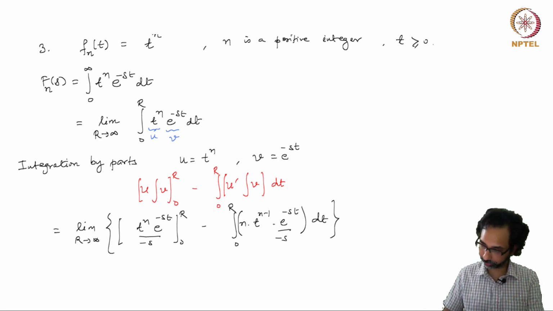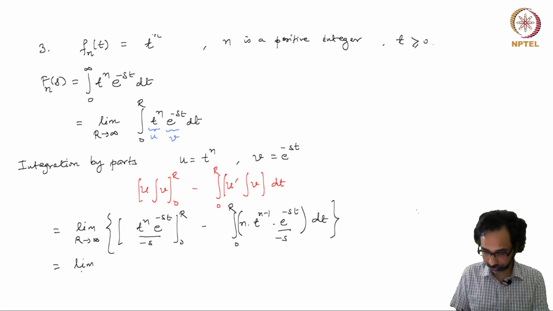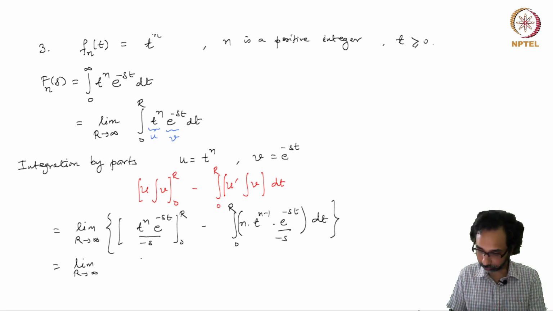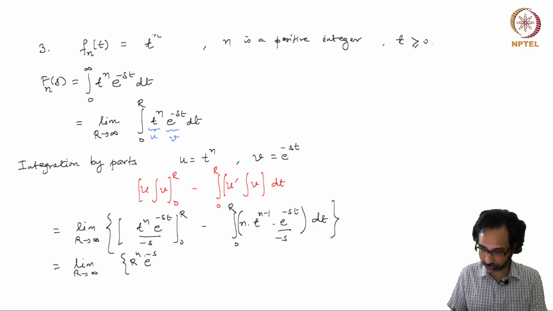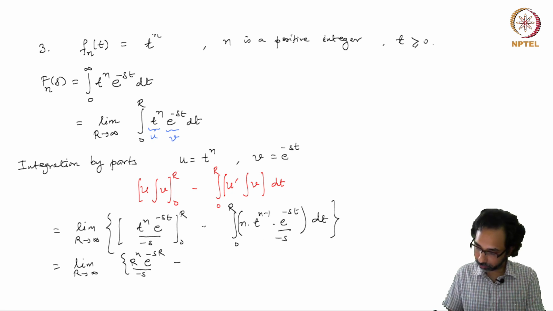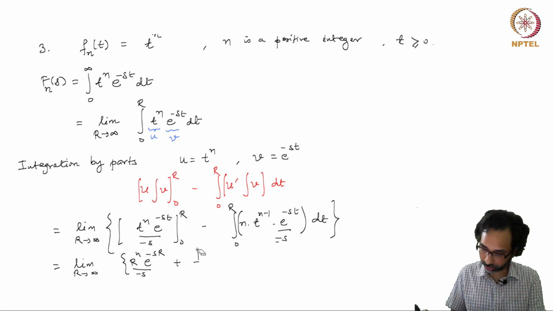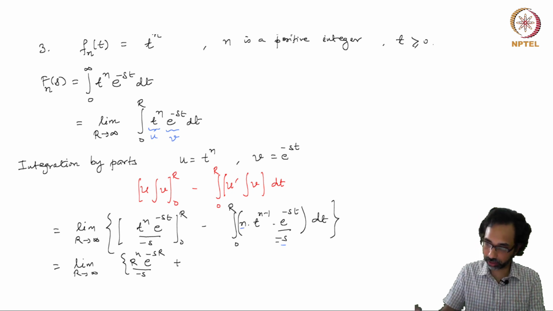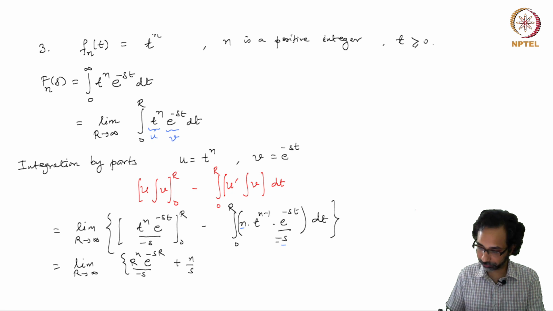Okay, so here we get r to the power n e to the power minus s r over minus s minus, well, there is a minus sign inside the integral, so it will make it a plus, and I can take this n and this s out of the integral, so you get n over s integral 0 to r t to the power n minus 1 e to the minus st dt. Okay.